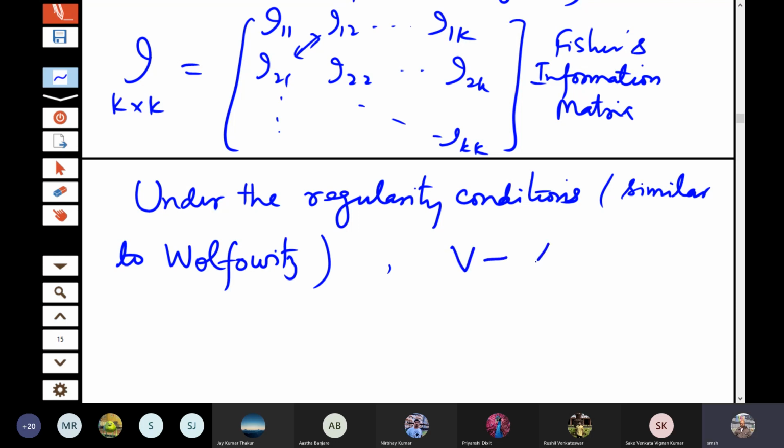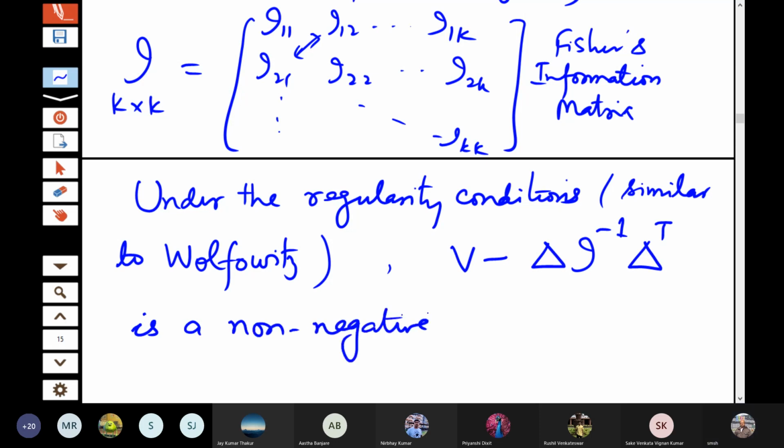V minus delta I inverse delta transpose is a non-negative definite matrix.